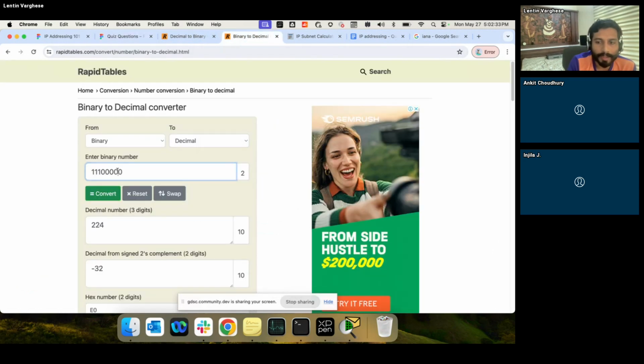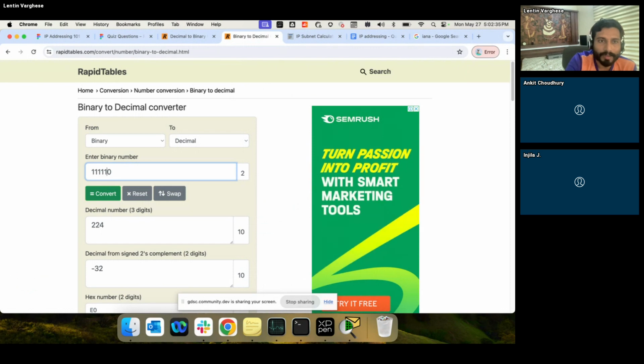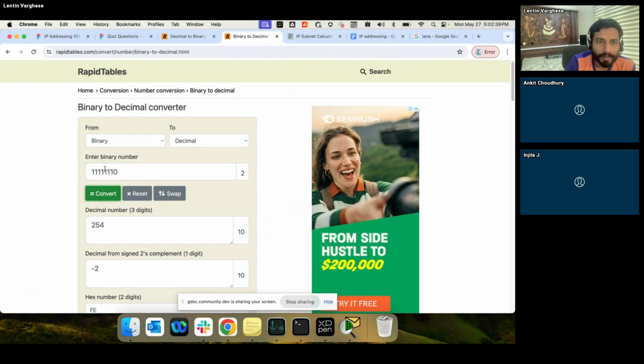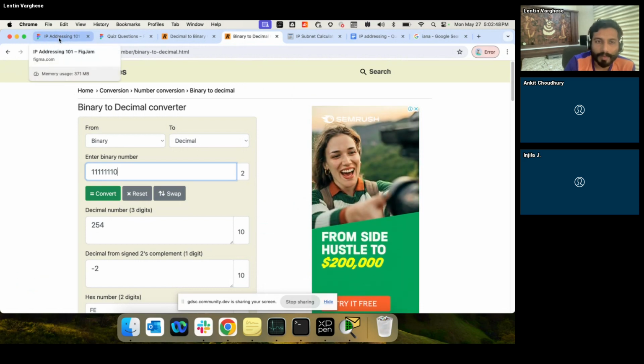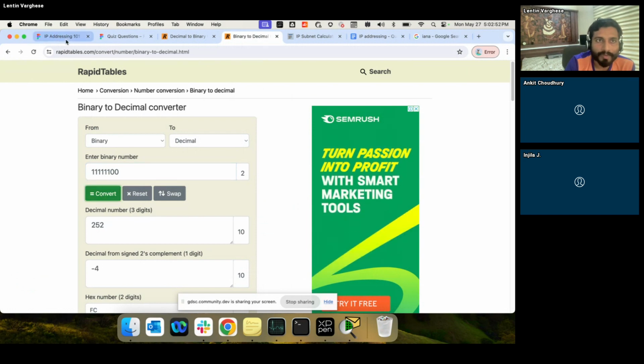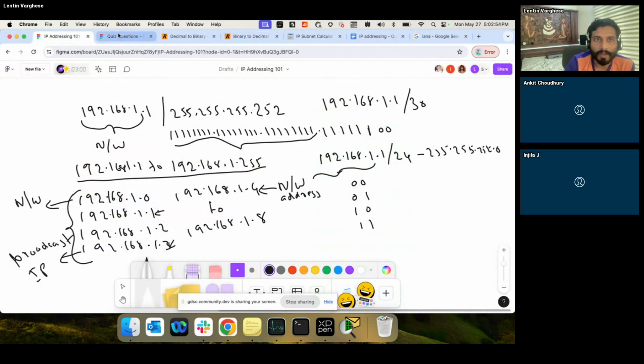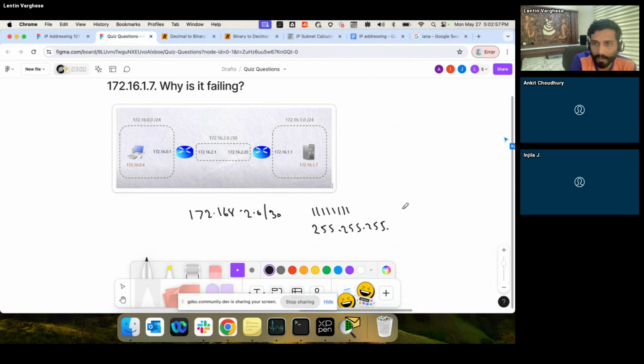That would be 252, I guess. Wait, it's wrong. 2 bits, right? 252. Right? So the subnet mask would be 255.255.255.252.